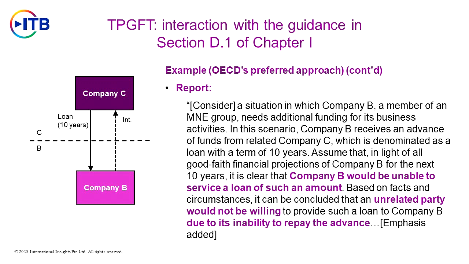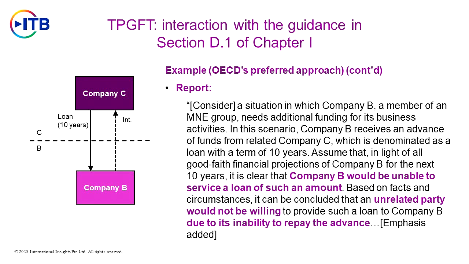In this scenario, Company B receives an advance of funds from related Company C, which is denominated as a loan with a term of 10 years. Assume that, in light of all good faith financial projections of Company B for the next 10 years, it is clear that Company B would be unable to service a loan of such an amount.